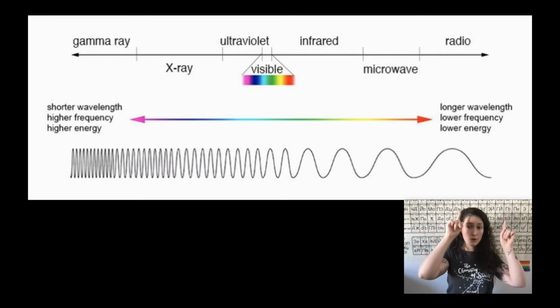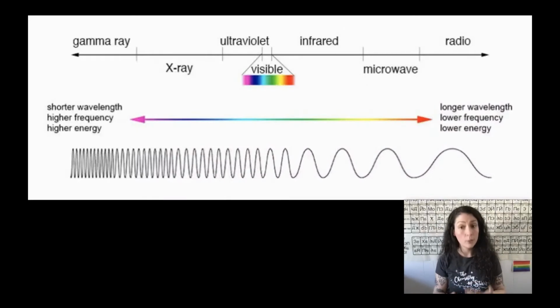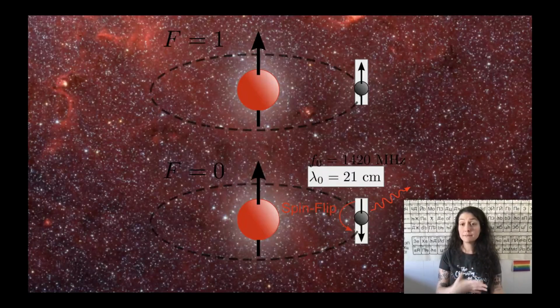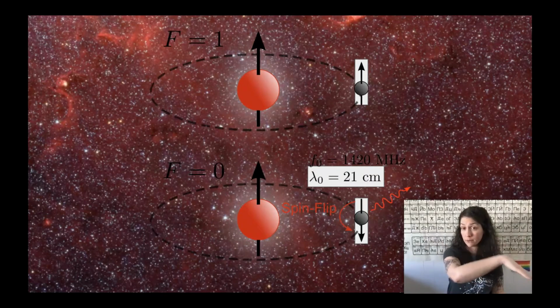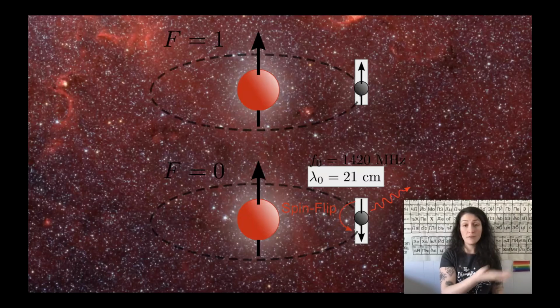On the right, radio waves are super long and lower energy, right? Because we are releasing less energy, the wavelength is going to be longer, and that super long wavelength, 21 centimeters, is able to travel through the interstellar medium without being interrupted. So we can see them nice and clear.